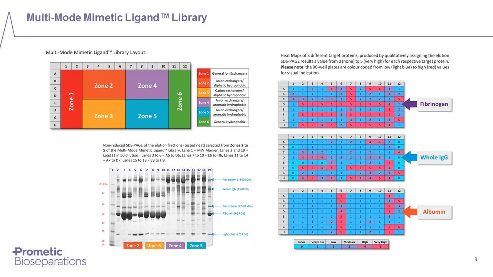On the right here are a few examples of actual screenings for different plasma proteins using full plasma. And you can see that those are heat maps. So essentially the ones marked in red are the ones that display good binding. So you would come back to us and say, well, my protein of interest bound best to column 6. And we would start a conversation about maybe developing one of the adsorbents in that column or something derived from that column.